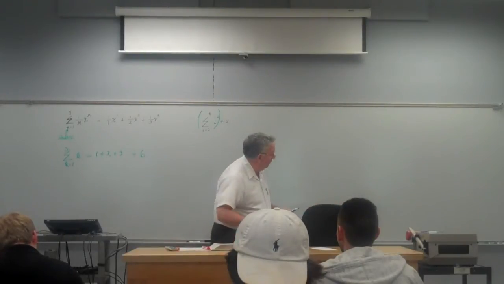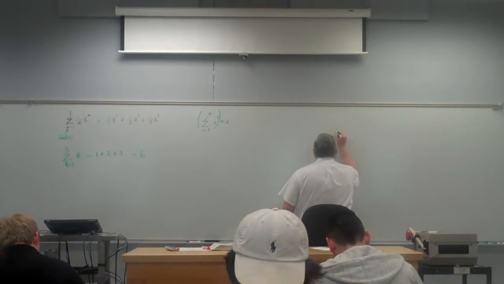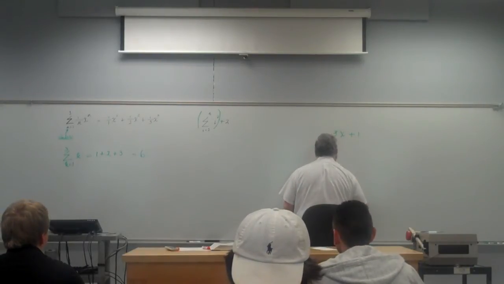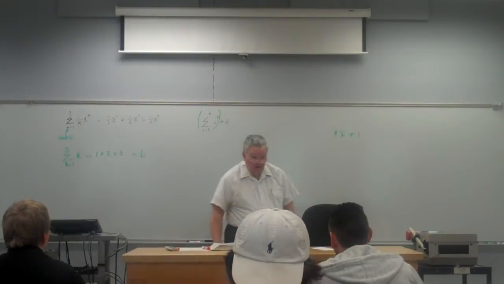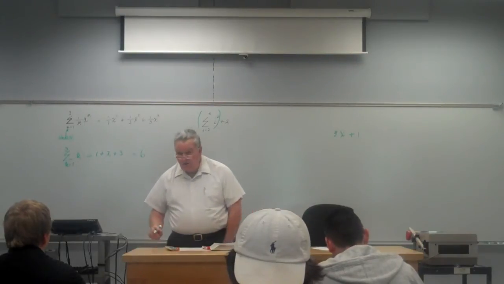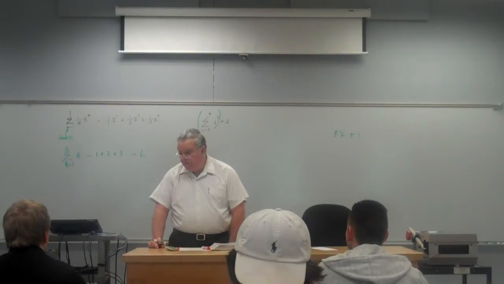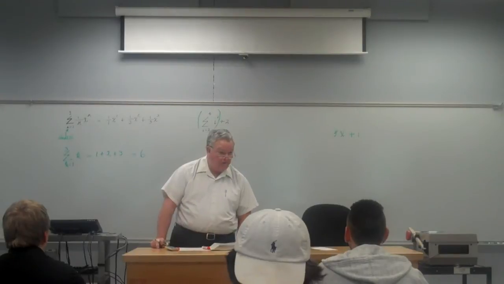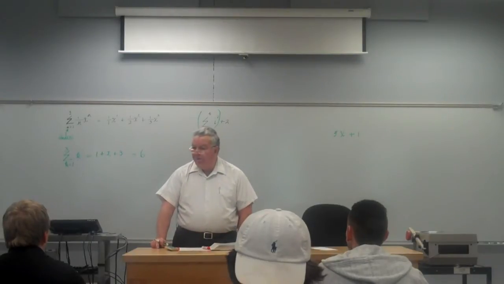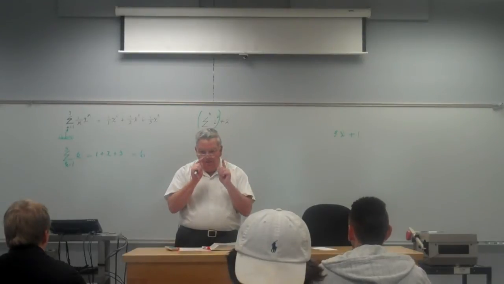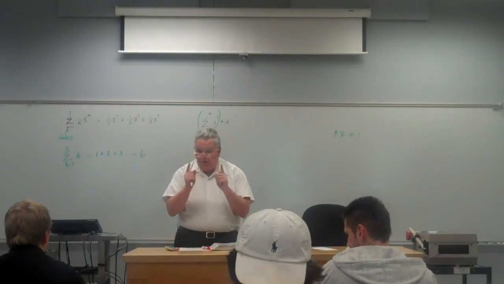It is like if I had 3x plus 1. Does the 3 go with the whole thing, x plus 1, or does it go with just the x? Just the x. Well, there's no parentheses. How do you know? Yeah, you multiply within a term, right?